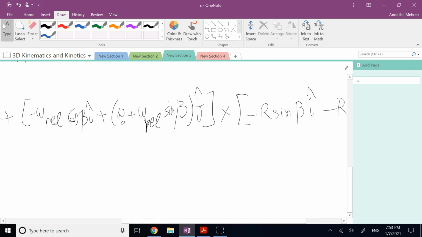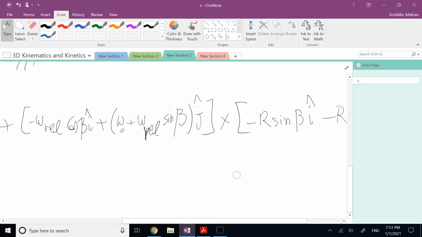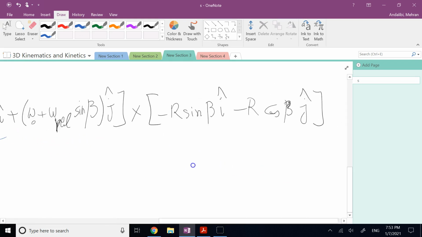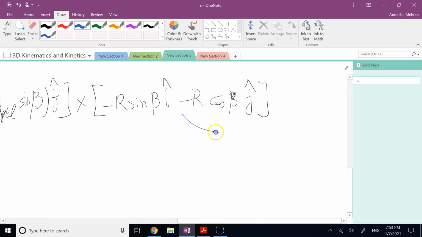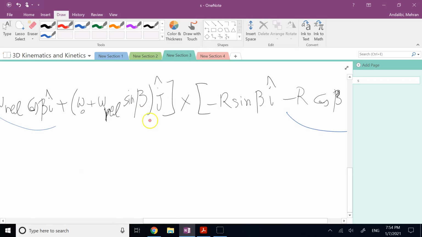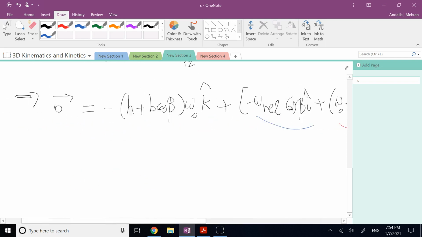So the I cross I and j cross j would go away. Here you're going to have this I component cross this j component to give you a k. And then you have this j component cross this I component to give you negative k. And then with this, everything is k, it's supposed to be equal to 0. Therefore, you can find the unknown omega relative.